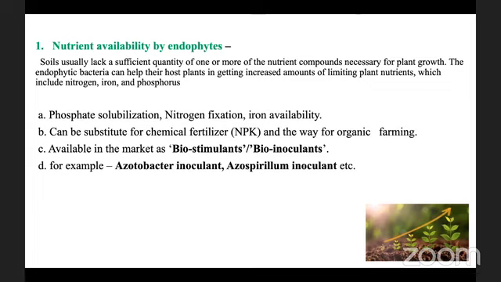And these endophytes can be used as a substitute for chemical fertilizers, that is NPK, that are already present in the market. So we can develop microbial inoculants, more specifically as a nitrogen fixer, phosphate solubilizer, or iron available, and they can be used as a biofertilizer, biostimulant, or bioinoculant, which can give a way for organic farming also.